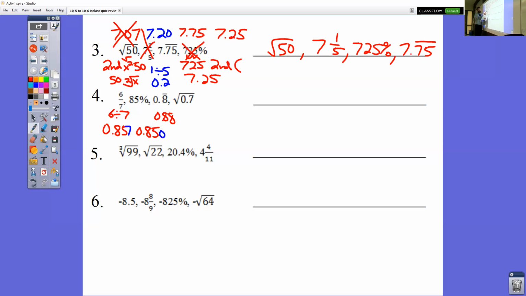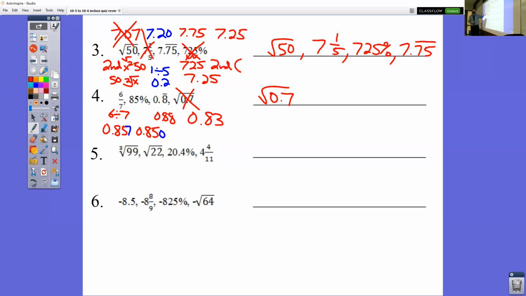And the square root of 0.7, if we make it look like money, looks like 83 cents. So 83 cents would be our lowest amount of money. So the one that would go first is the square root of 0.7. The one that would go next is either 85 cents or 85 cents, but it's 85 cents with the 0 compared to 85 cents with a 7.